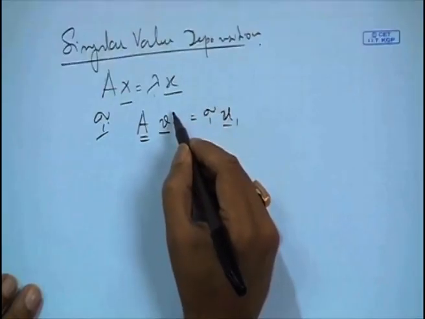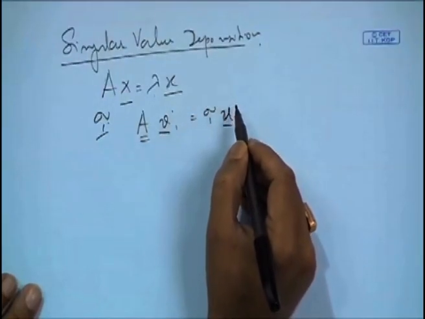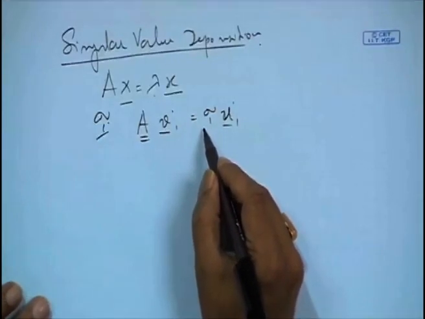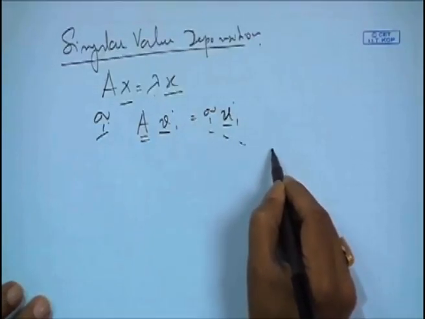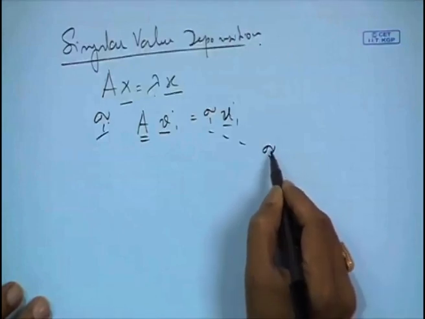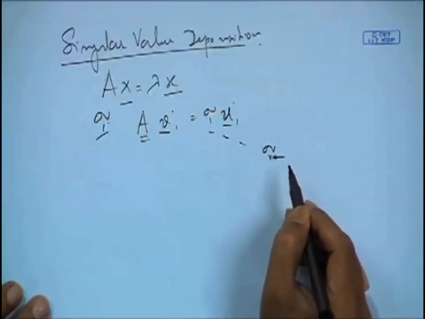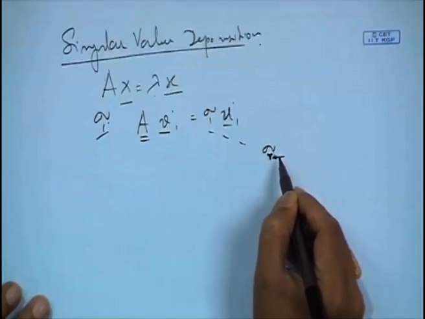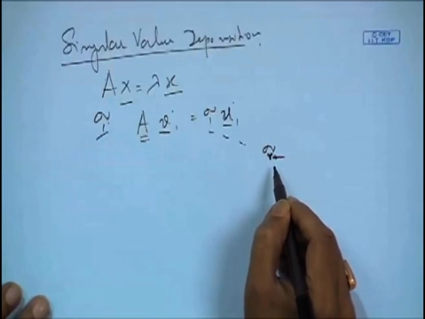So these are the input singular vectors and the output singular vectors of the matrix, and these are the singular values. So like this, you can have r number of singular values, where r is the rank of the matrix. Rank of the matrix for a square matrix would be the number of independent rows or columns, or otherwise it's the minimum of rows and columns.